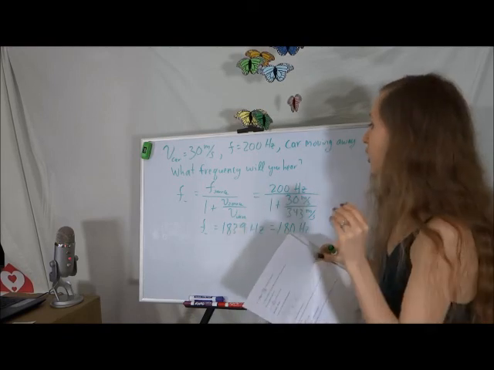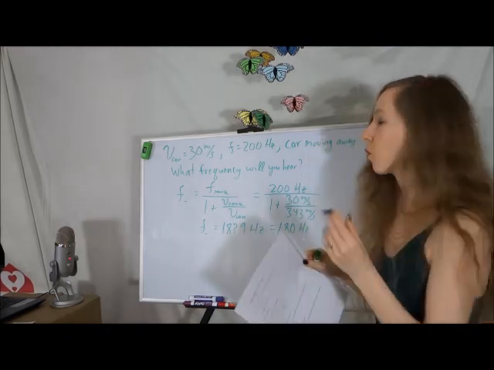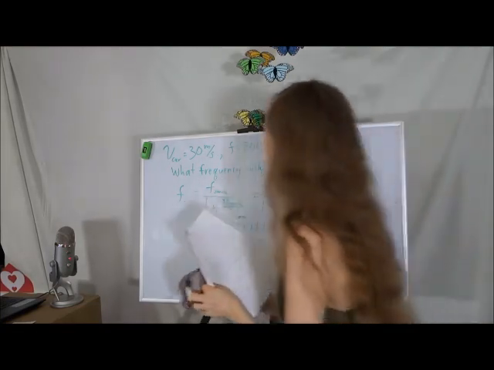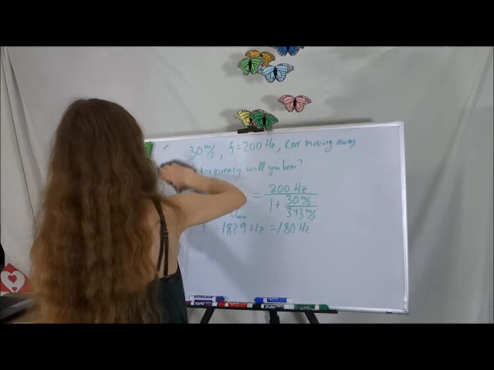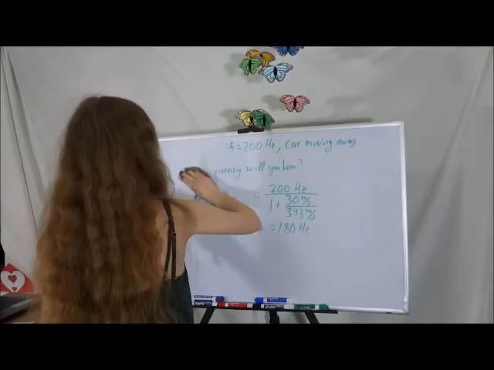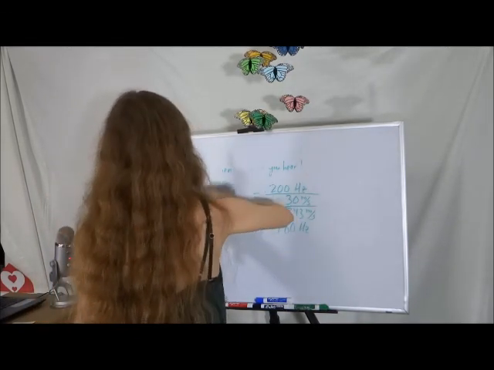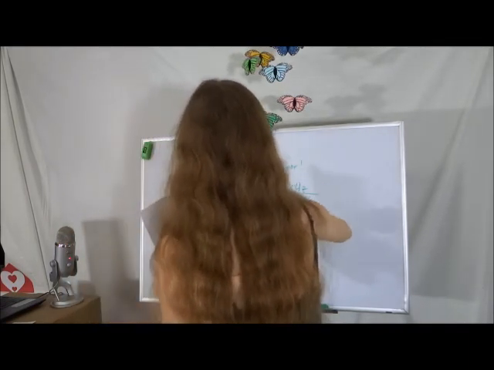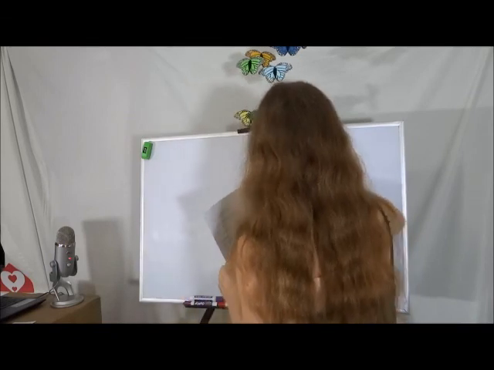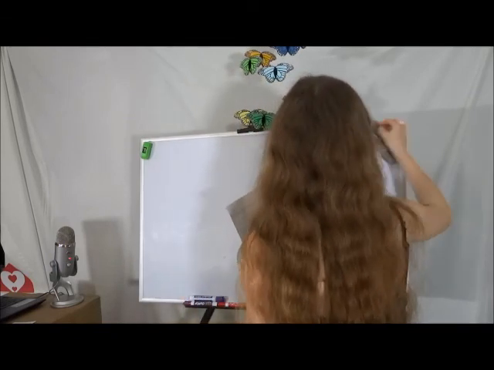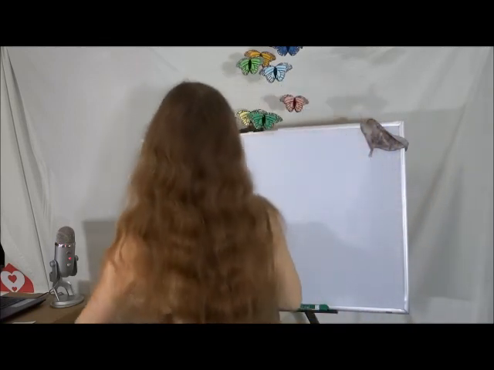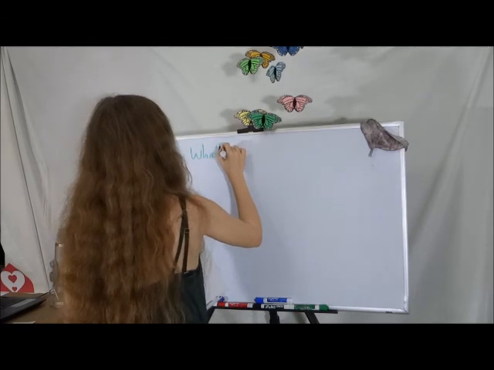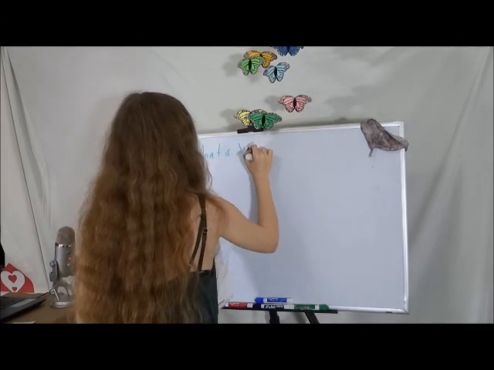Alright, so something else we might want to know about our wave is, what is the wavelength for you? What wavelength do you perceive? So part B, we want to know what is lambda minus.